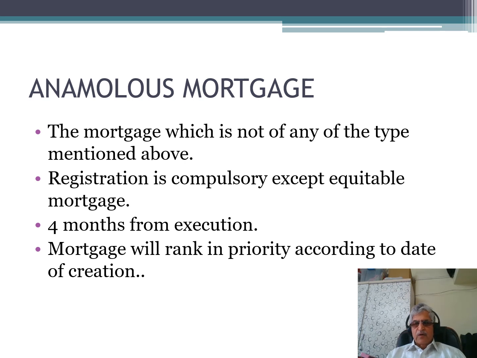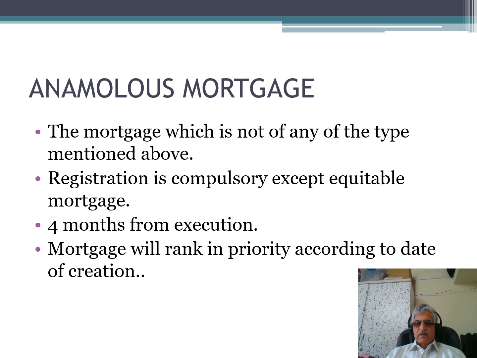In this type of document, registration is compulsory, except for an equitable mortgage. It must be registered within 4 months from the date of execution, and a mortgage will always rank as per priority according to the date of creation.